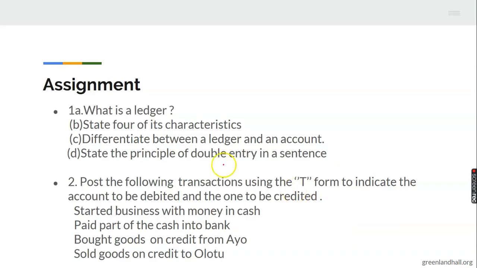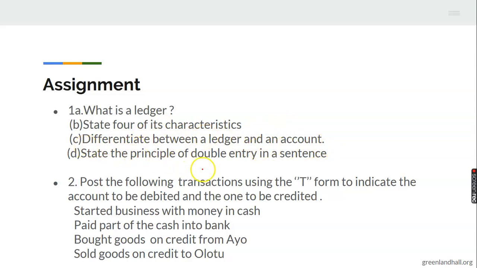Assignment. The assignment is in two parts. One, 1A, what is a ledger? 1B, state four of its characteristics. 1C, differentiate between a ledger and an account.